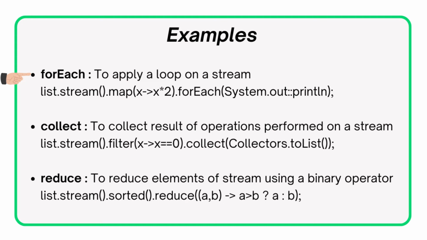Then on that stream, we have used the map operation to apply a function which will multiply every element by 2, as we have seen above. Instead of collect, we are using a forEach operation to apply a loop on the stream so that it can print each value from the stream.